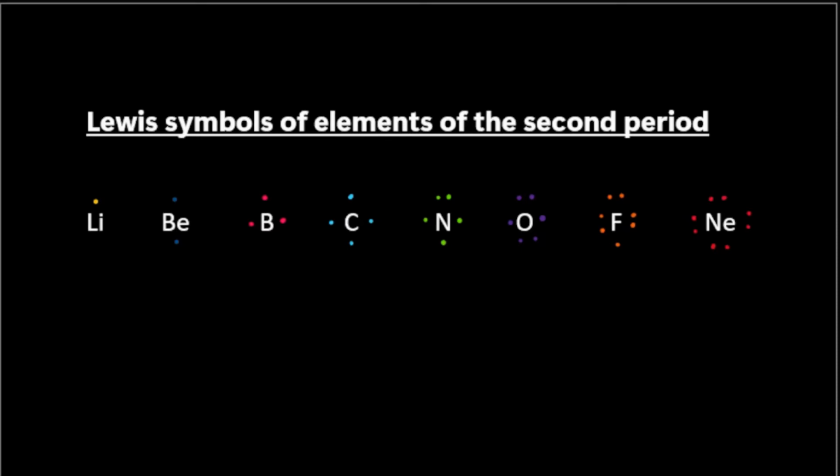Now we are going to see the significance of Lewis symbols. Lewis symbols can be used to calculate the valency of an element. What is meant by valency? Valency is the combining capacity. The valency of an element is equal to the number of dots in the Lewis symbol, or 8 minus the number of dots or valence electrons.